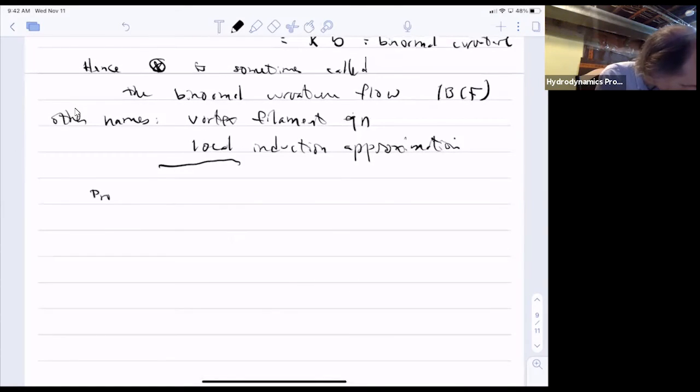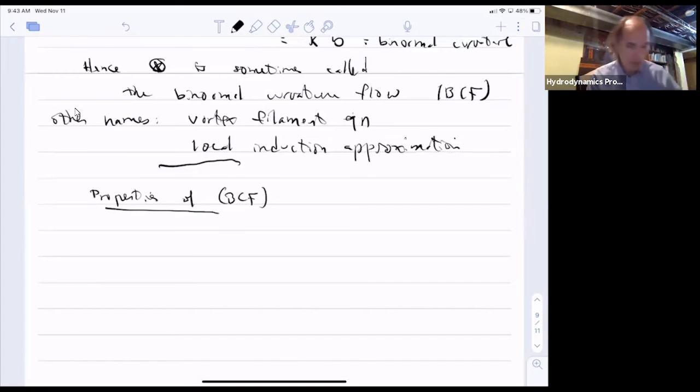The first one I want to talk about is actually not so relevant, as far as I know, to the conjectural connection to Euler, but it's interesting.